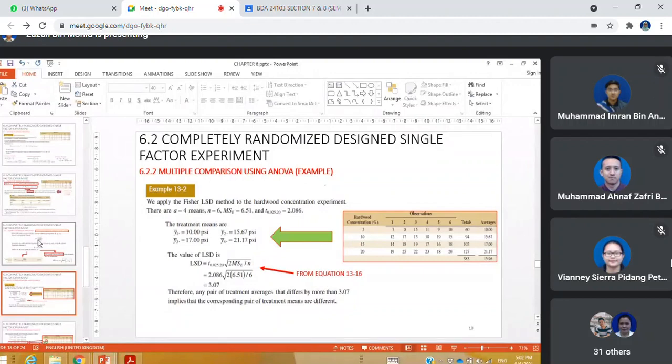So the contents in this second chapter, I took directly from the books. The words used in this slide are also directly taken from the books.